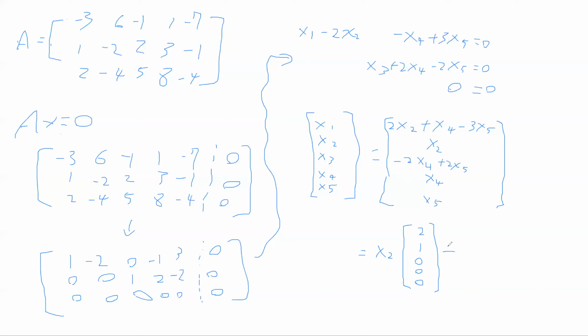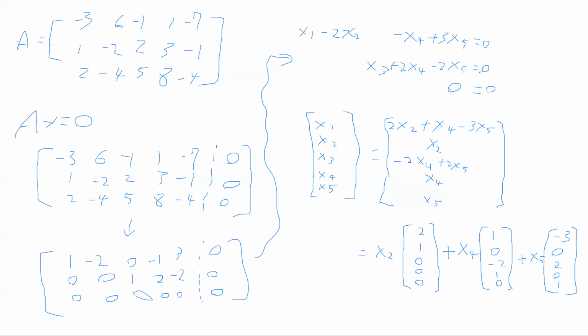And then the next free variable is x4. So I'm going to write x4 right here. So I have 1, 0, negative 2, 1, 0. Plus x5, negative 3, 0, 2, 0, 1. Right here.